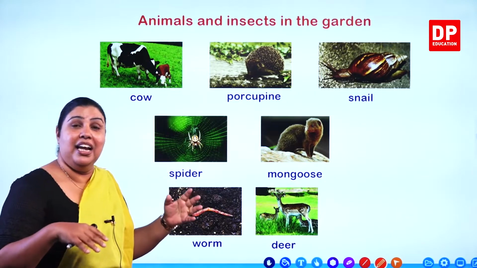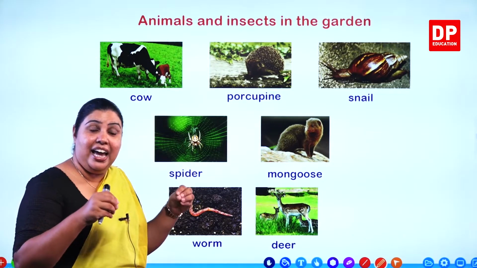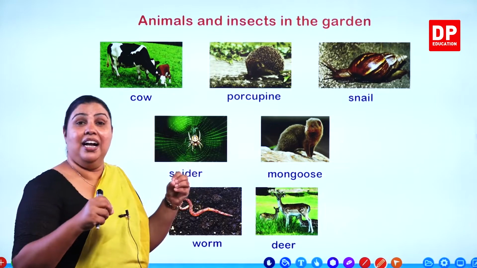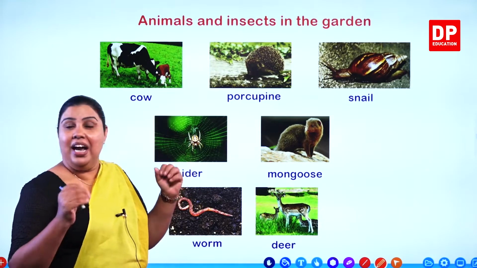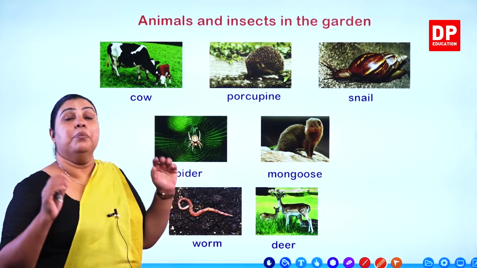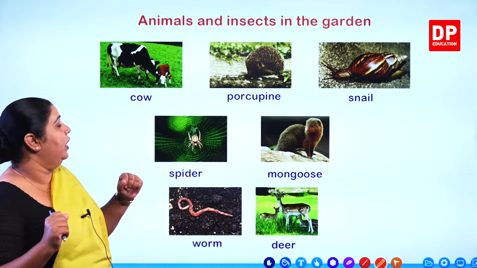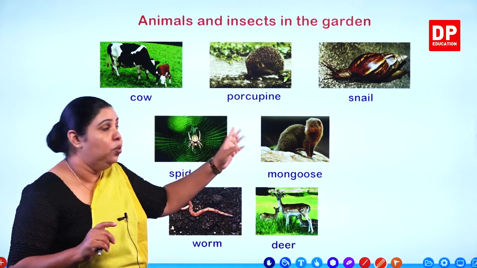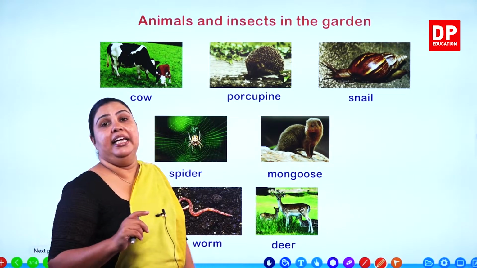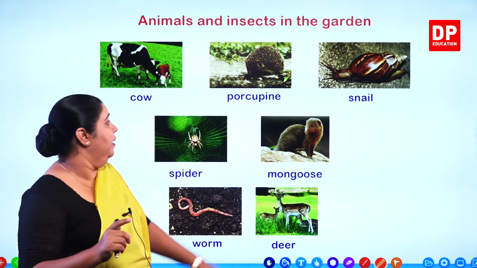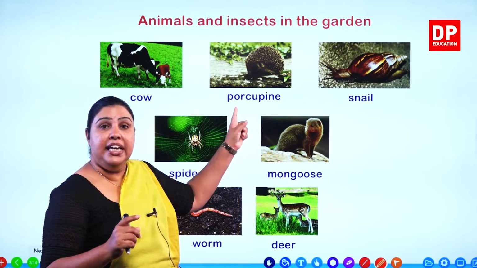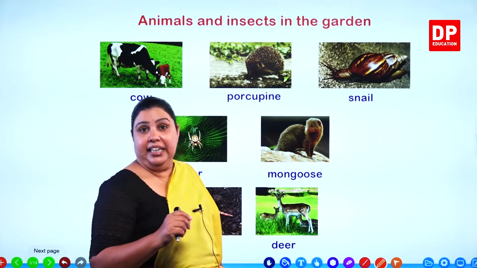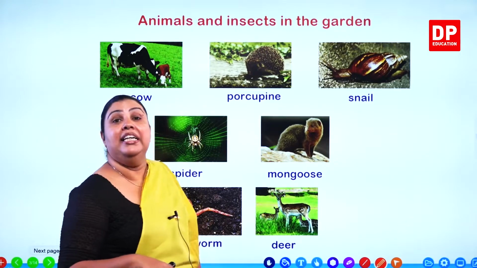They come in the night, eat little ants and eat little plants in our garden. And then they go and hide. So what is the name? Porcupine. P-O-R-C-U-P-I-N-E. Porcupine.